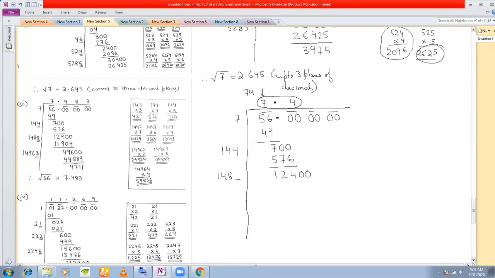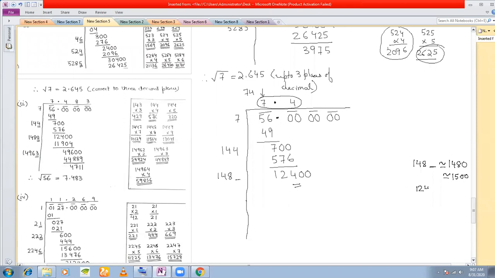Whatever digit that you place here, so you have 148, whether 0 or 1 or 2, that number will be approximately equal to 1480, which is very close to 1500, right? Which is approximately 1500 roughly. And what is the number that we have here? 12,400.